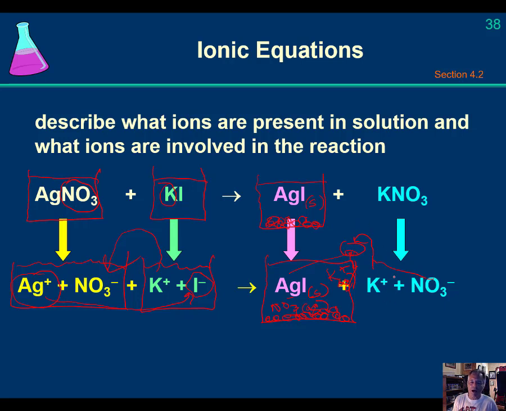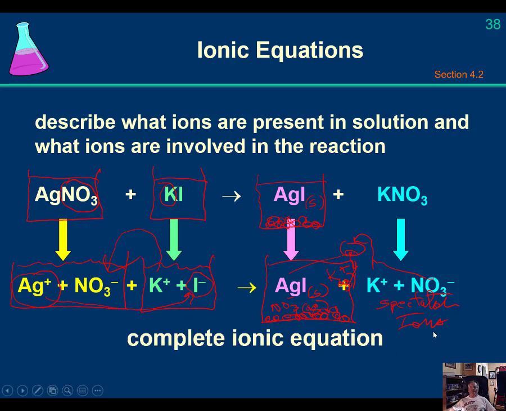They're free ions, they are watching the chemistry, they're in a sense spectators, so we call these spectator ions. All right, and I'm going to show you how to recognize spectator ions.